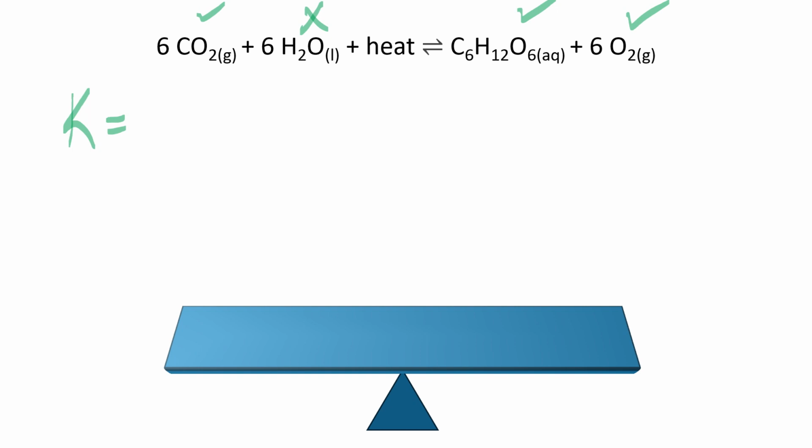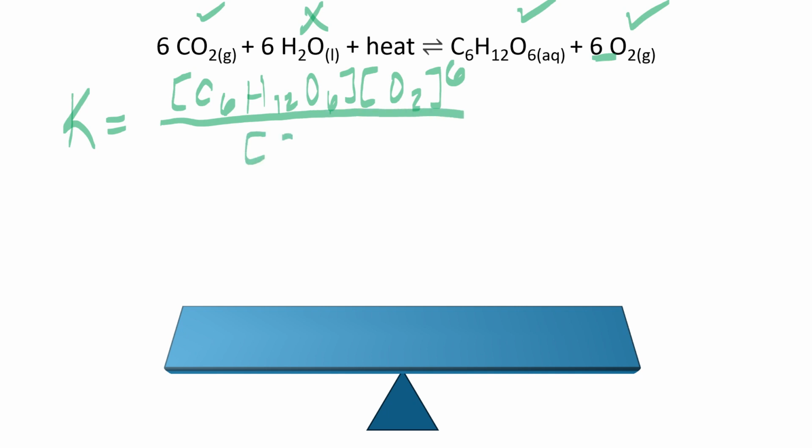So that means that this equilibrium expression will be equal to the concentration of C6H12O6 times the concentration of O2 raised to the 6th power, because I have 6 of them, divided by the concentration of CO2 raised to the 6th power, because I have 6 of those.